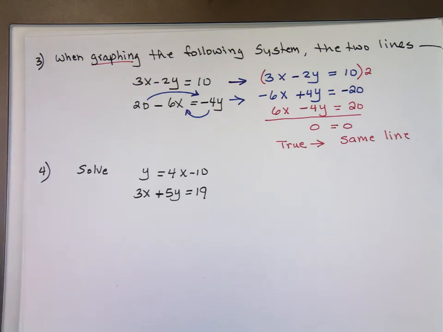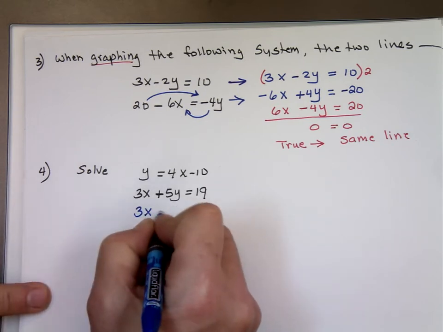What do you think? What's a smart method to use here? Which one? Yep, substitution. I'm going to use substitution. They're already telling me what y is equal to. So plug it in.